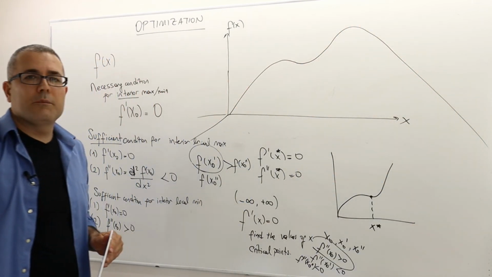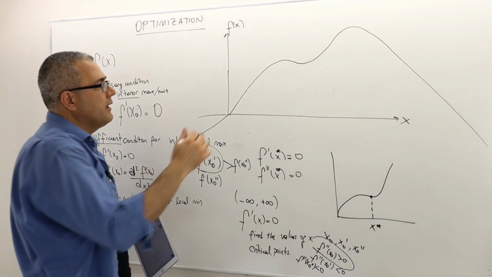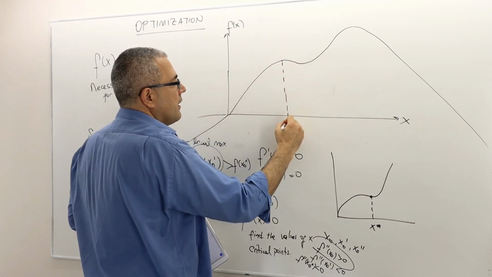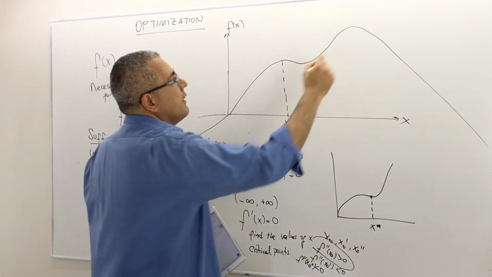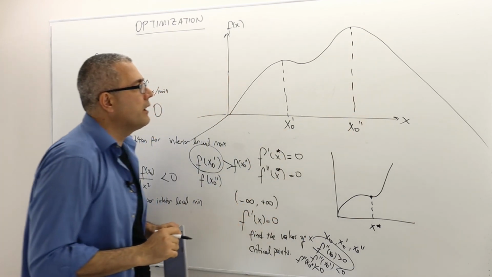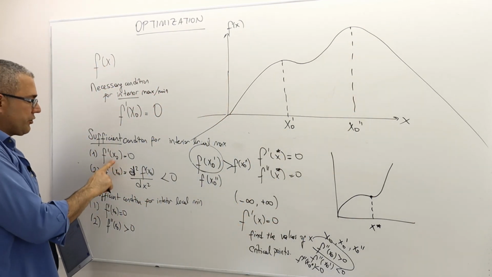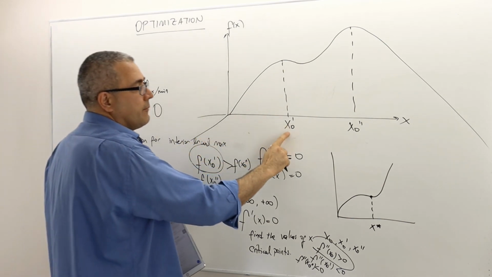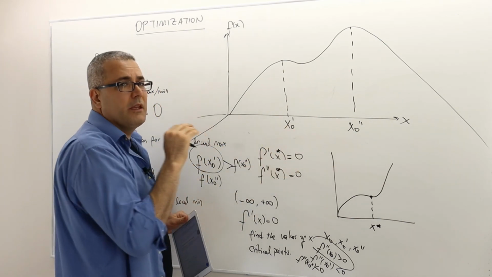Let's suppose this is my function. In that case, this is x0 prime, and this is x0 double prime. If you calculate the first derivative at both these points, they're going to be equal to 0.